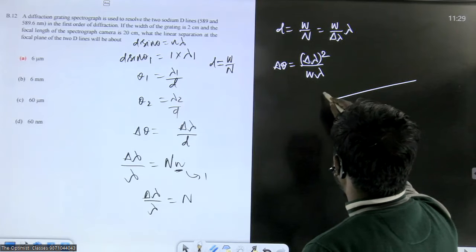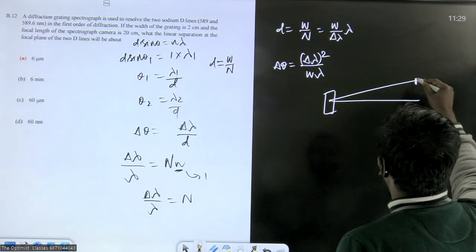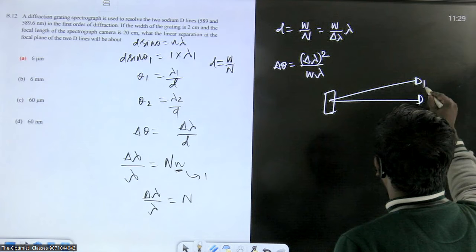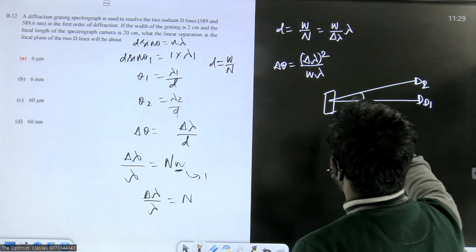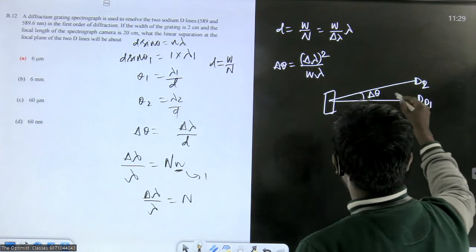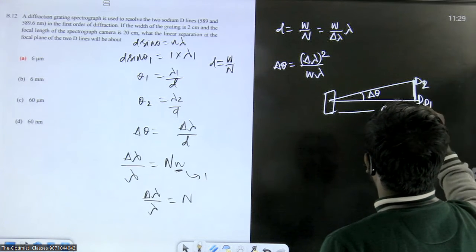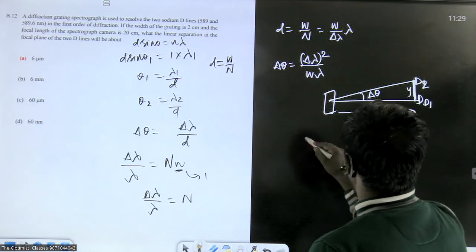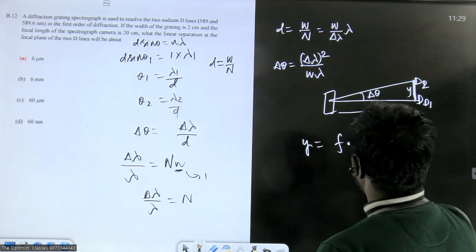Now it is something like this. Suppose this is the grating, and here the D1 line is observed, here the D2 line is observed. So this angle is basically delta theta. Now this length is the focal length, and this linear separation we want to calculate. Suppose this is y, so obviously y will be equal to f into delta theta.